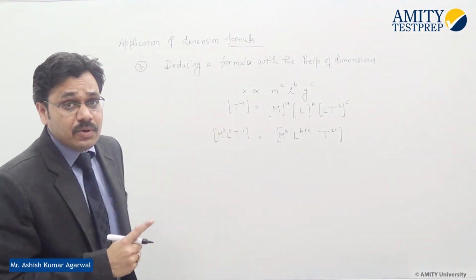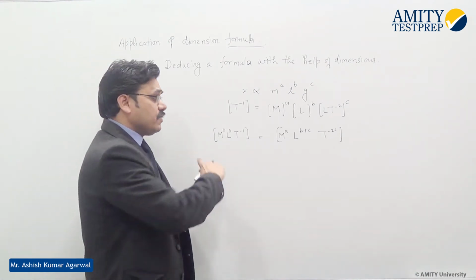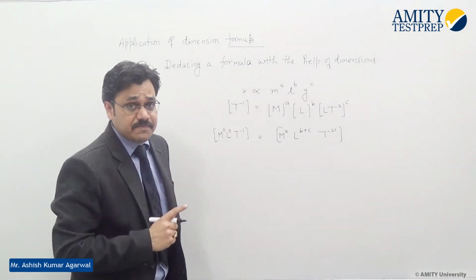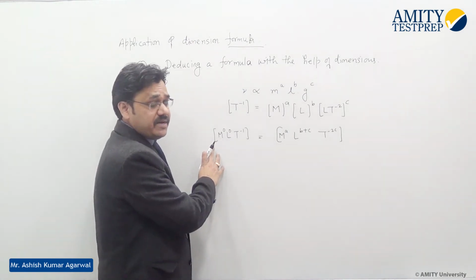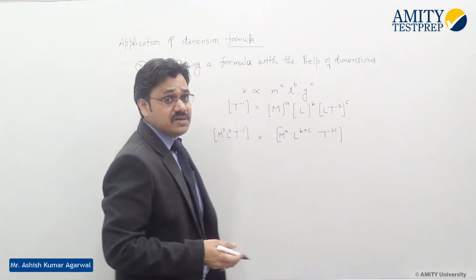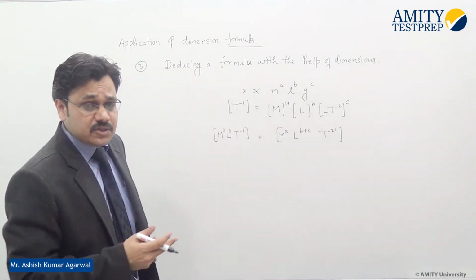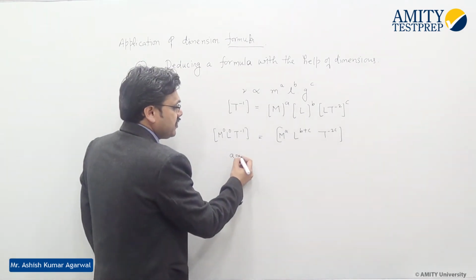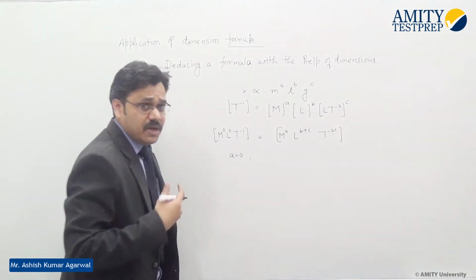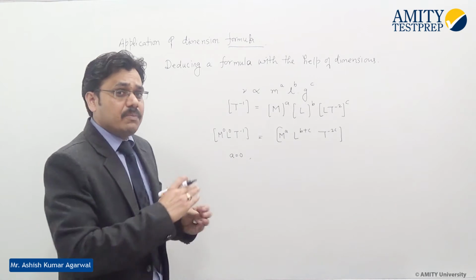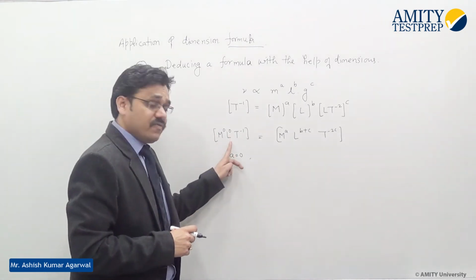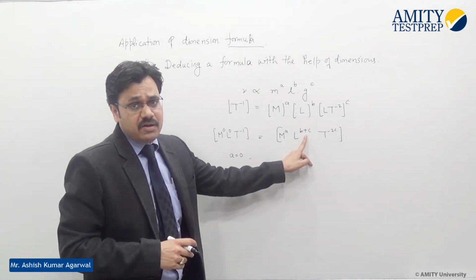Now you have to compare the dimensions of the same units. What is the dimension of mass on the left side and what is the dimension of mass on the right side? If you compare these two, you get a equals 0. In a similar pattern, if you compare the dimension formula for length on both sides, you will get 0 on the left side and b plus c on the right side.